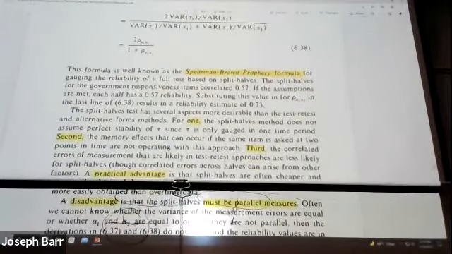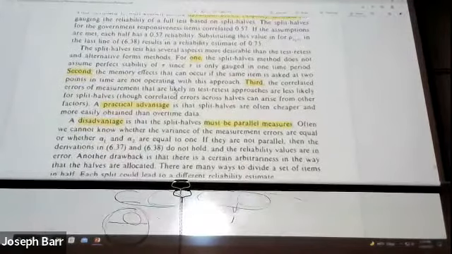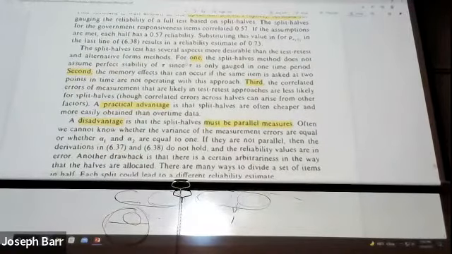And we also talk about the advantages. Okay, so 1, 2, 3. Because for split half, we don't need to assume the perfect stability of tau at different times. We can have stable assumptions.